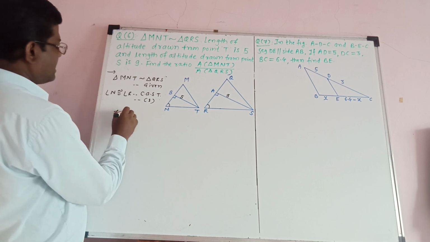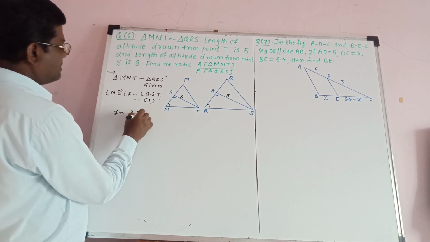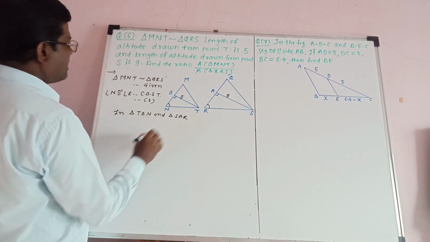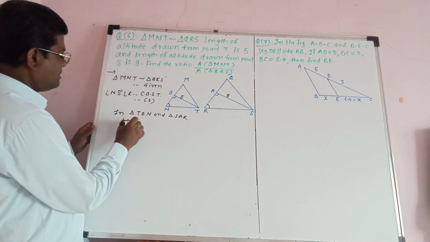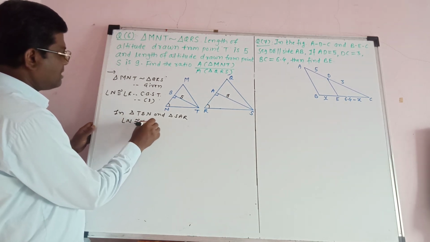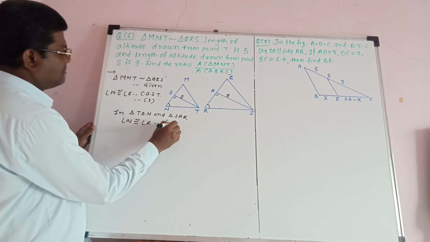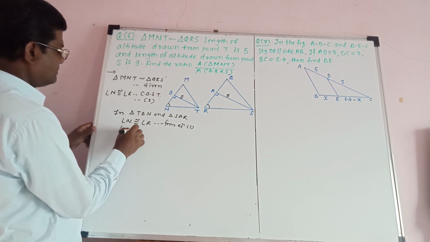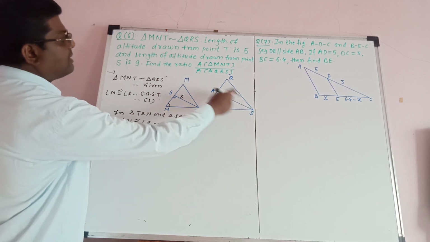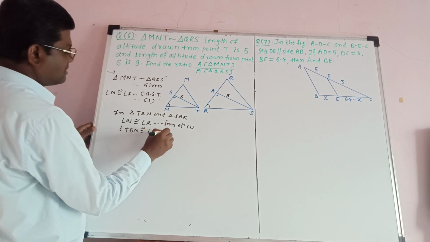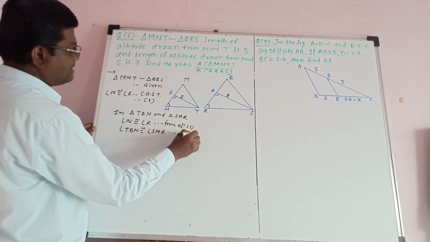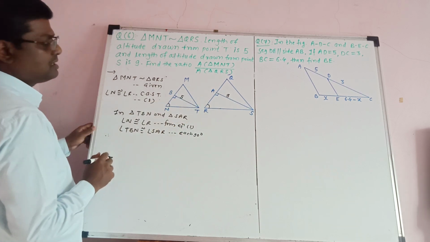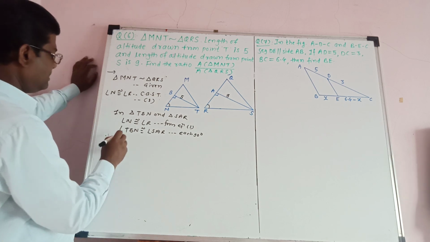Now consider two triangles. In triangle TBN and triangle SAR, angle N congruent angle R, from equation 1, angle TBN congruent angle SAR, reason each 90 degree. Therefore these two triangles are similar by AA test of similarity.